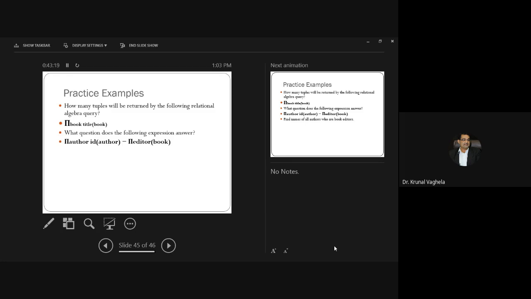Find the names, not names but IDs, of authors who are not editors. Find the names or IDs of the authors who are not editors.